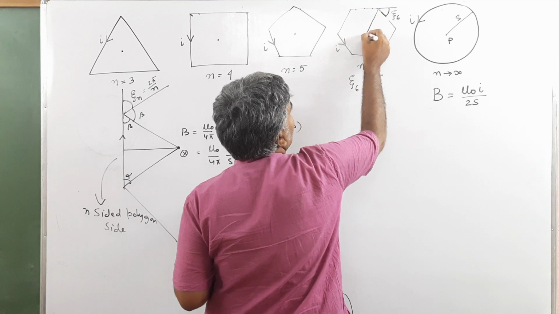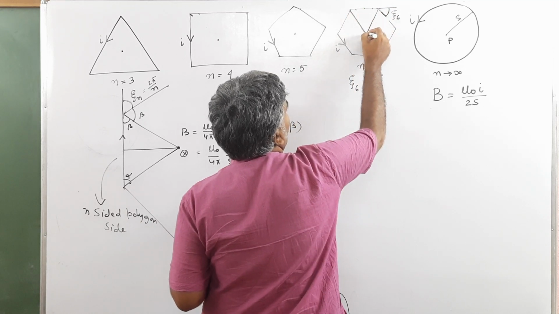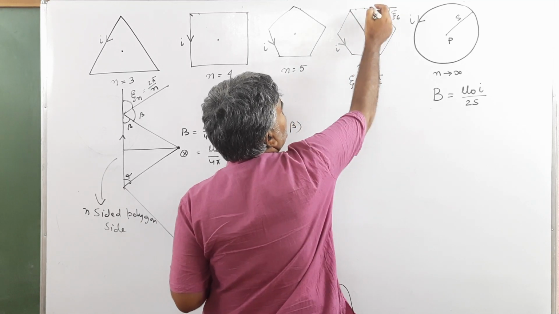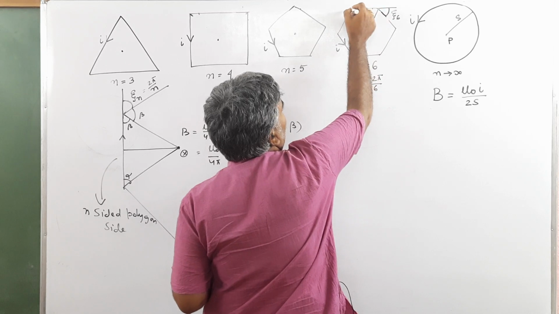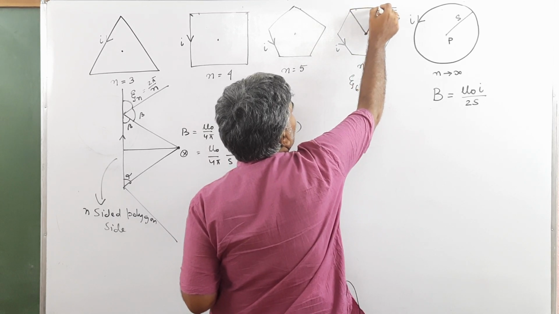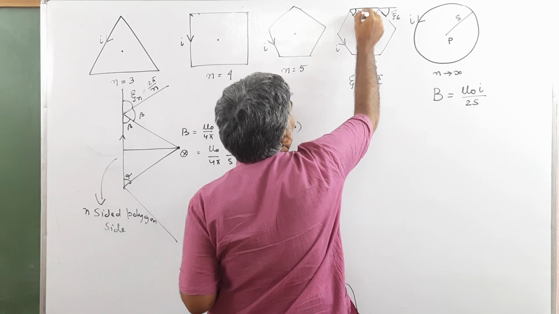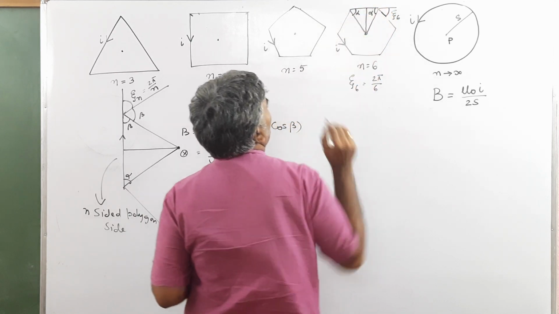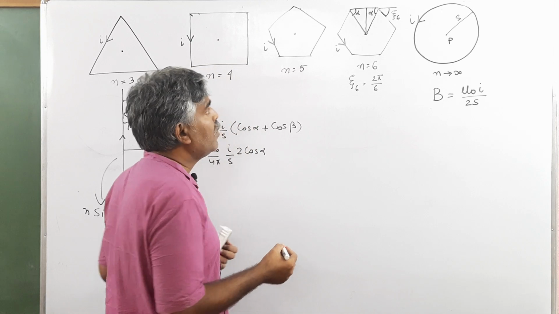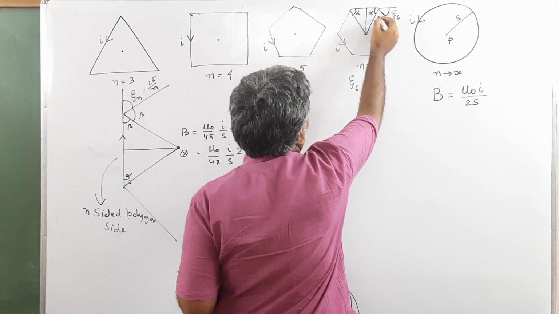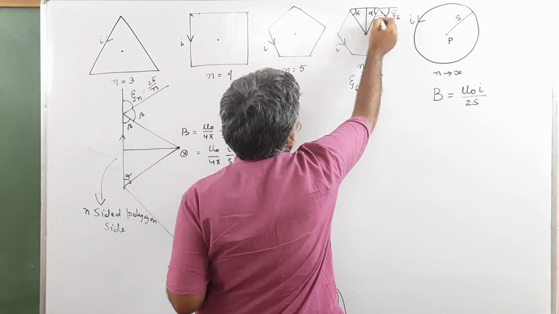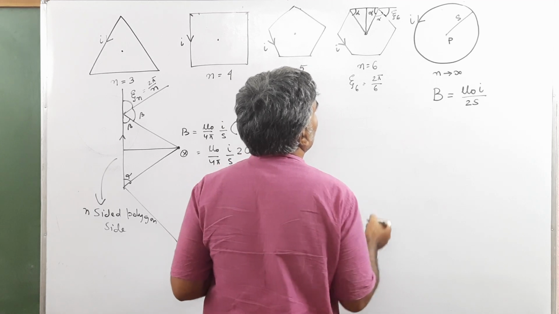Then from here you check this hexagon. How do you find this angle? In this hexagon, what we need to do is find the magnetic field for this section. That means you need to find this angle, this alpha and this alpha, right? Because it's an isosceles triangle. So here what will be alpha? Because if this is alpha, this is also alpha by symmetry.